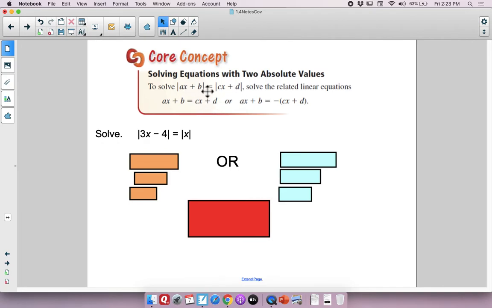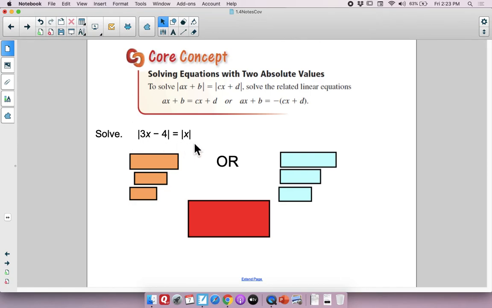So let's say ax plus b equaled 20, and cx plus d equaled negative 20. When we take the absolute value of negative 20 and the absolute value of 20, don't they both equal 20? They're equal. So that's why this works, and hopefully that understanding helps you to be able to do these.